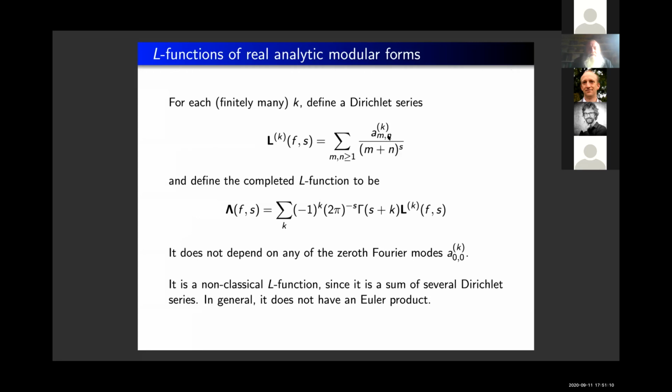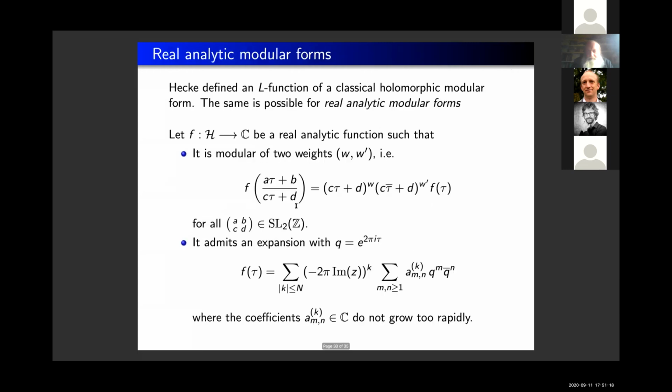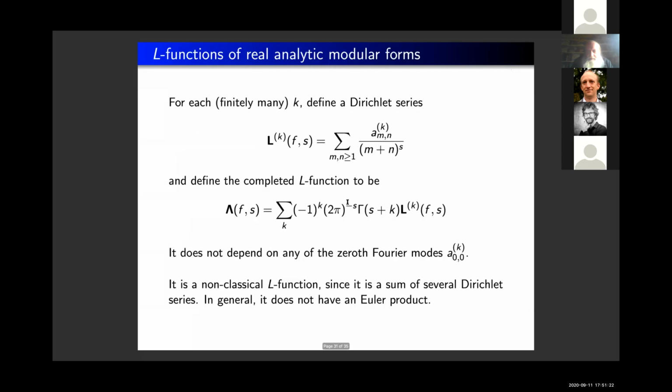And the funny thing about it is that there's one of these L series for each K. I remind you K is each term here, each power of MZ. You get one Dirichlet series for each K, and these coefficients A don't all play a role.